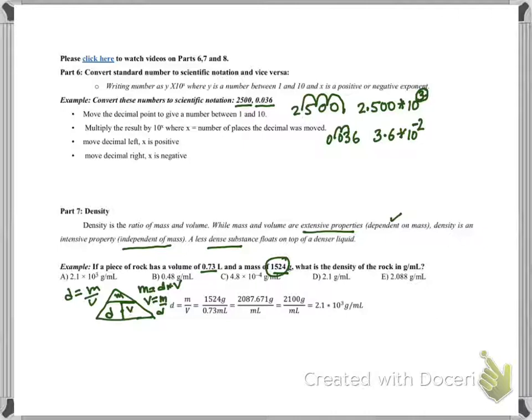2087.6 g/ml. But since these are measurements, I'm going to apply the significant figure rules, and here we are dividing. The division rule is that you look at the original numbers: how many significant figures are here, 4, and how many are here, 2.